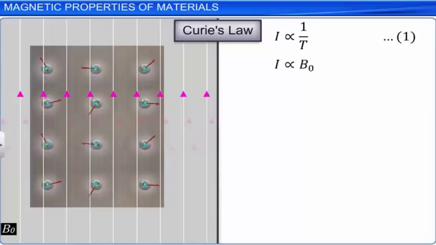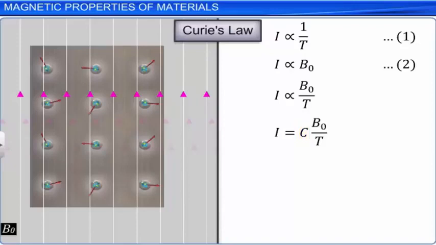Let this be equation 2. By combining equations 1 and 2, we get I is proportional to B0 by T. This equation can be written as I is equal to C into B0 by T, where C is the proportionality constant. Let this be equation 3.